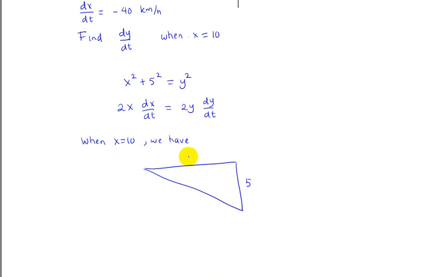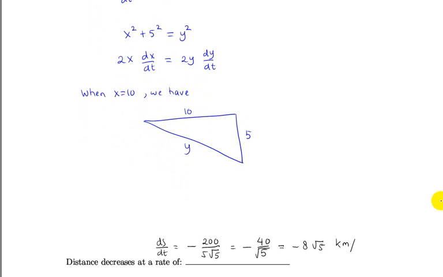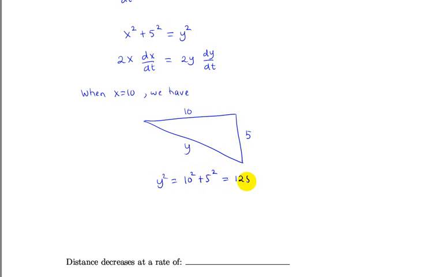Okay, and here when x equals 10, and we have y. So again, by using Pythagorean theorem, we have that y squared is 10 squared plus 5 squared, which is 125.